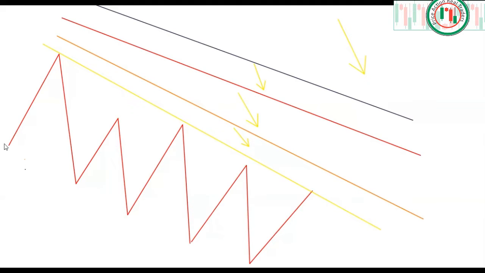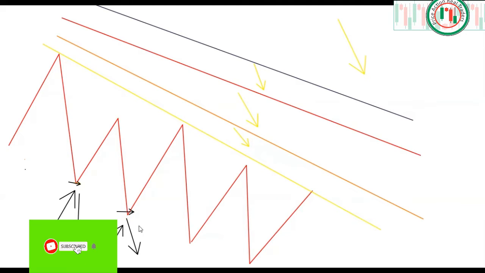So in strong trend, assuming this is your zone, as soon as market touches this zone and you see rejection, you can place put option. This is another zone, market touch, you see rejection, you can place put option.